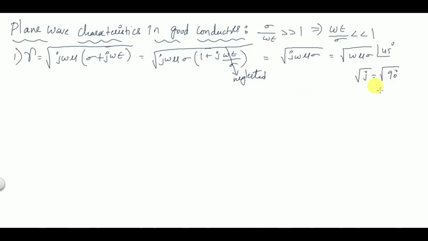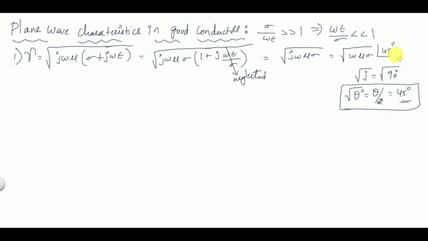When you have only an angle inside a root, root of theta can be written as theta by 2, so it will be 90 by 2, which is equal to 45 degrees. Just remember this concept, it is from mathematics.